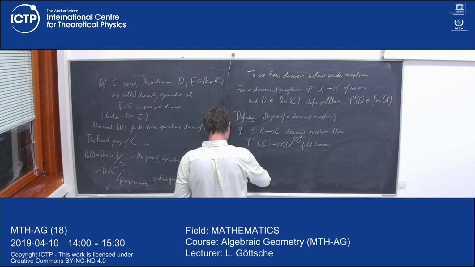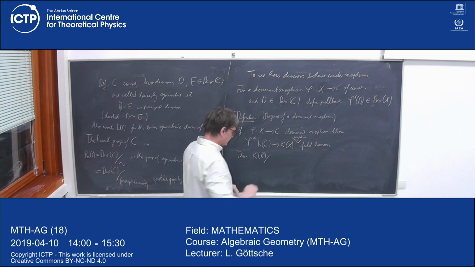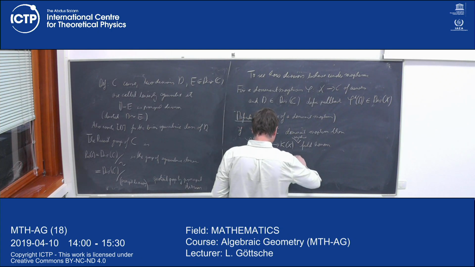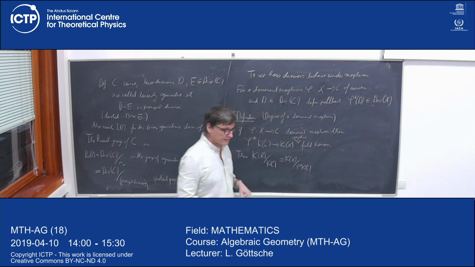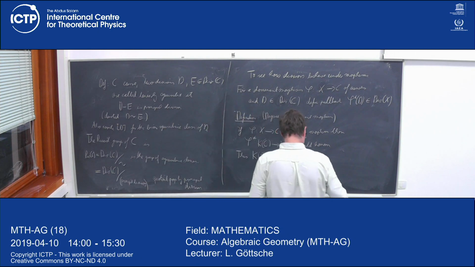So thus, if I take the field extension Kx over Kc, which is supposed to mean Kx over phi star of Kc, and just to write it shorter, it is a field extension.